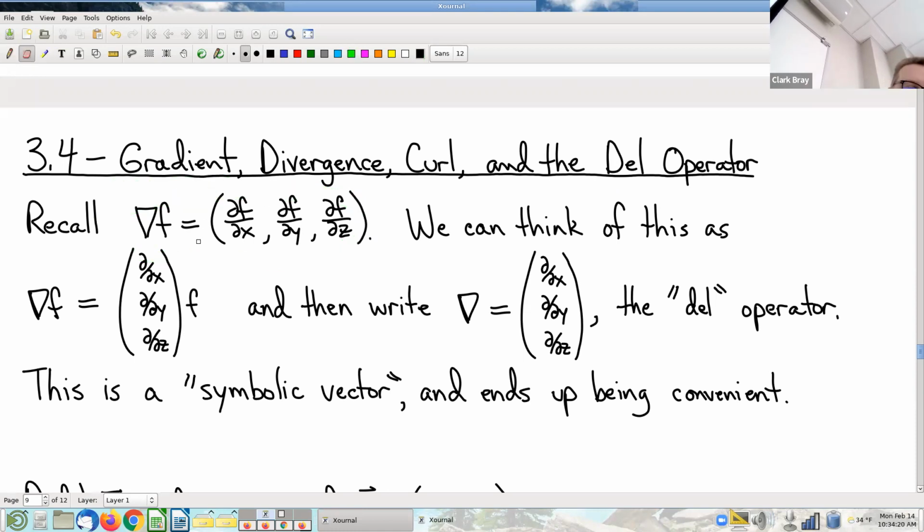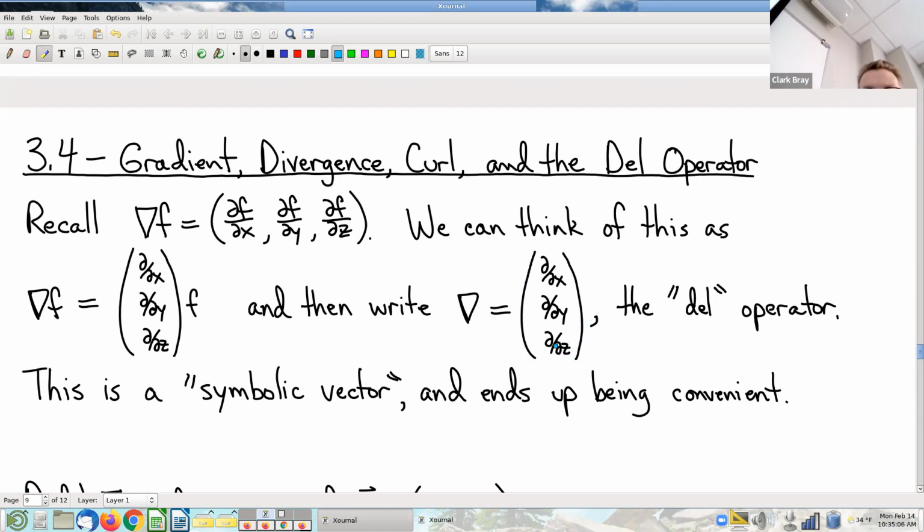Another way you can think about this, which is pretty reasonable: there's F, and this symbol here is the various partials that we are applying to F. But if I were to remove F from the picture, I could think of this symbol by itself, not del F, just del, as what we'll call an operator, and it's something that's waiting for a function to act on.